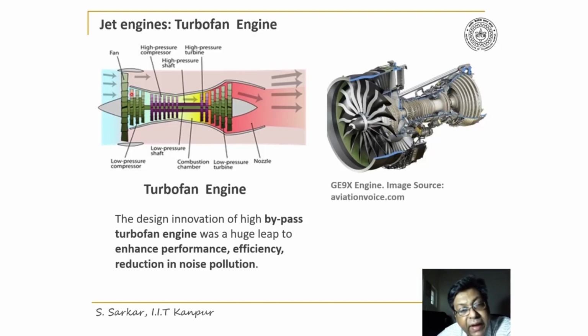So it has a large fan in front of the engine, as you can see here, and the air is divided into two streams. One stream is going outside the engine, and the other is passing through the series of compressors.